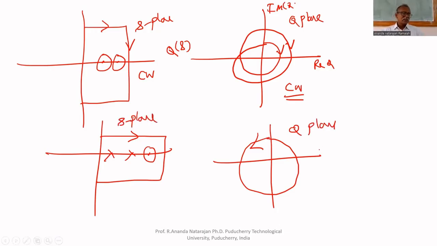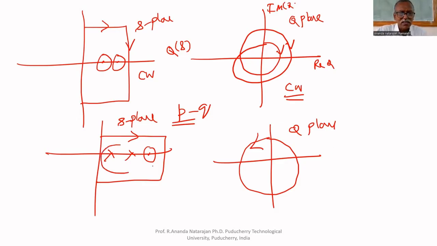Because the difference is n minus m, and always m is less than n. How many poles inside, and how many zeros inside? The difference is P minus Q, where the number of poles on the right-hand side is called P and the number of zeros on the right side is called Q. P minus Q times it will encircle the origin.